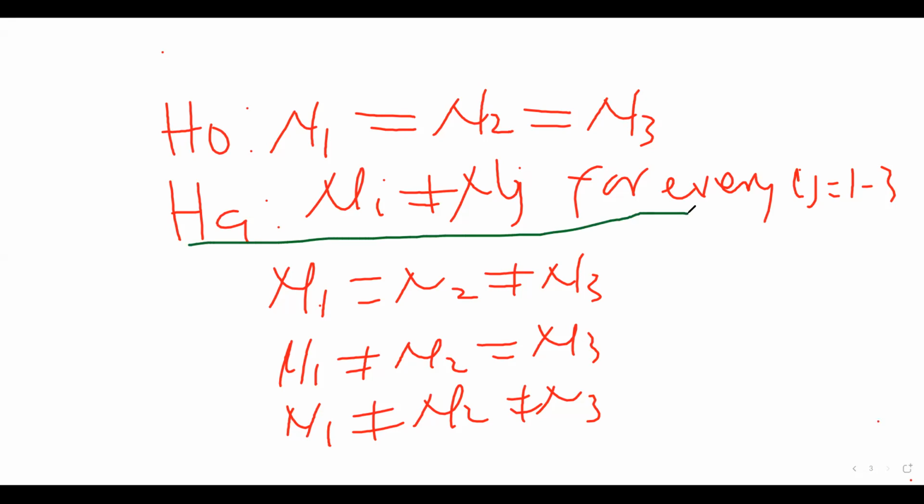Now, if you have more than 3 groups, like 5 groups, all you have to do is add mu4 and mu5, and then change the 3 here to 5. That's it. And that is how you formulate the alternative hypothesis.